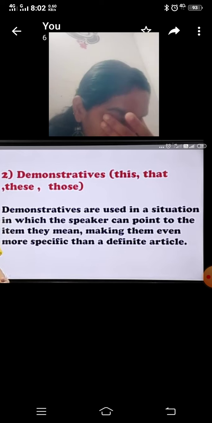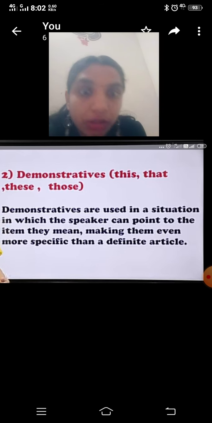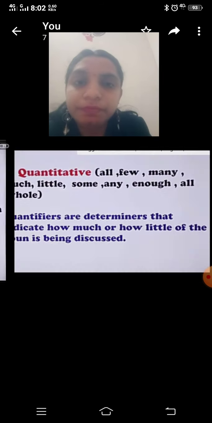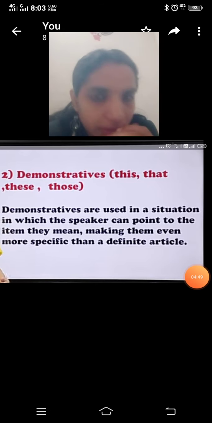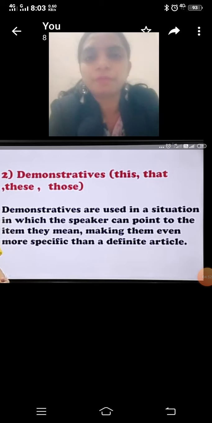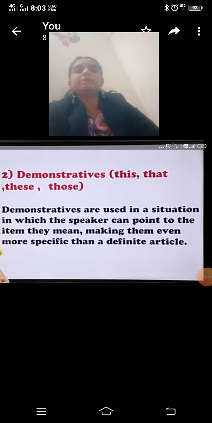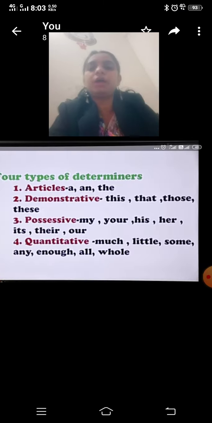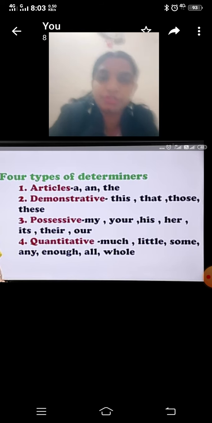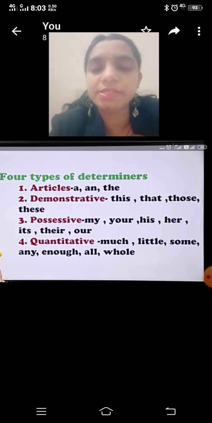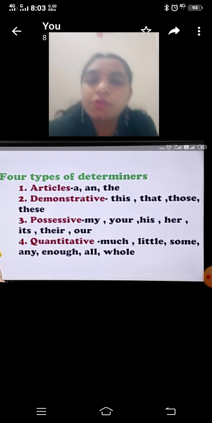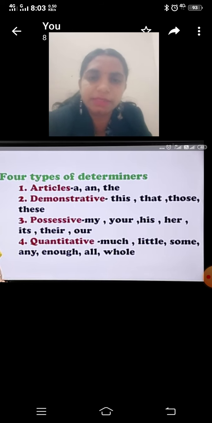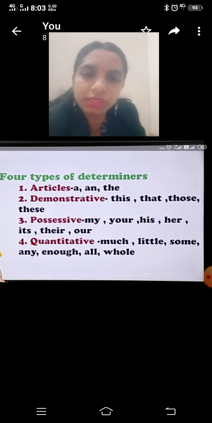Then we have the third type, the possessive determiners. When you are speaking about possession, owning, it means this is my thing. You have ownership of that thing. So my, your, his, her, its, their, these are the possessive determiners.